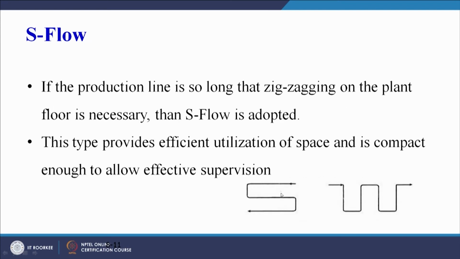This is S flow, and a combination of S flows here. If the production line is so long that zigzagging on the plant floor is necessary, then S flow is adopted. This type provides efficient utilization of space and is compact enough to allow effective supervision.